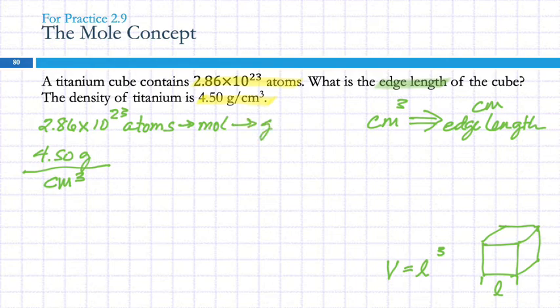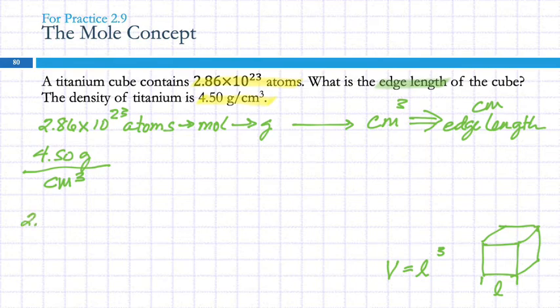There's a way to bypass that, but we're just going to be the tortoise and always win the race. So atoms to moles to grams, how do we get from grams to cubic centimeters? Density. They gave us that relationship. So we're going to do a unit conversion, atoms to moles to grams to cubic centimeters, and then we're going to use this geometry equation.